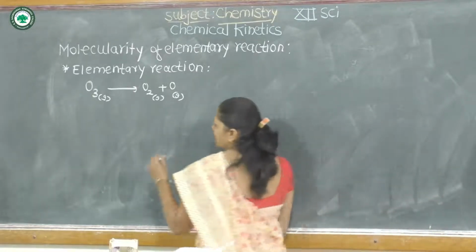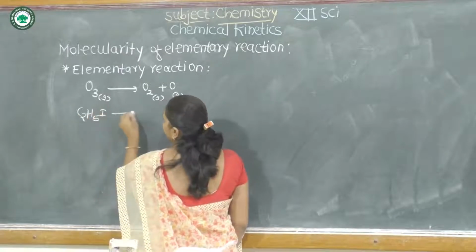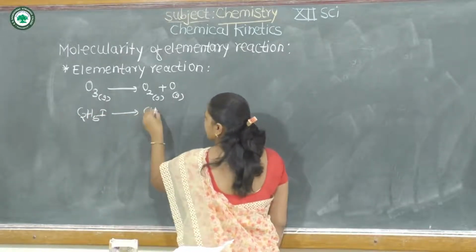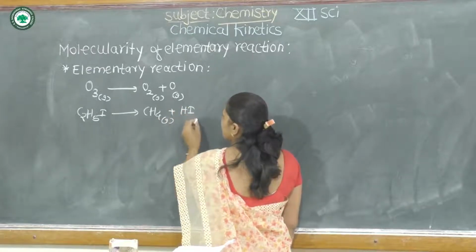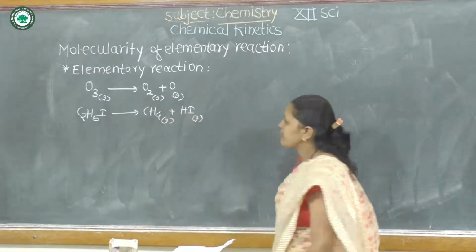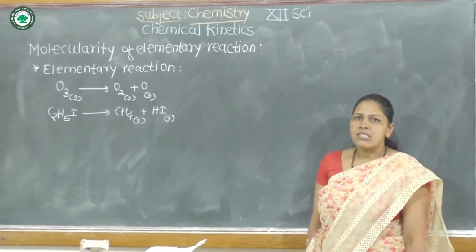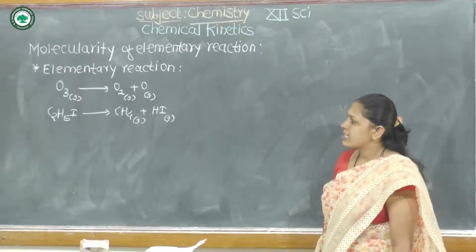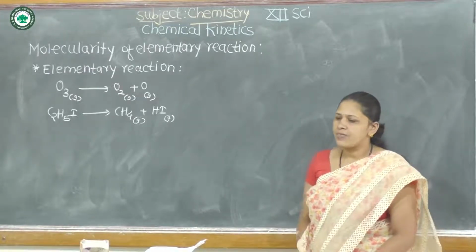Another example of an elementary reaction is methyl iodide, which gives methane gas plus hydrogen iodide. This reaction also takes place in a single step, so it is also an example of an elementary reaction.